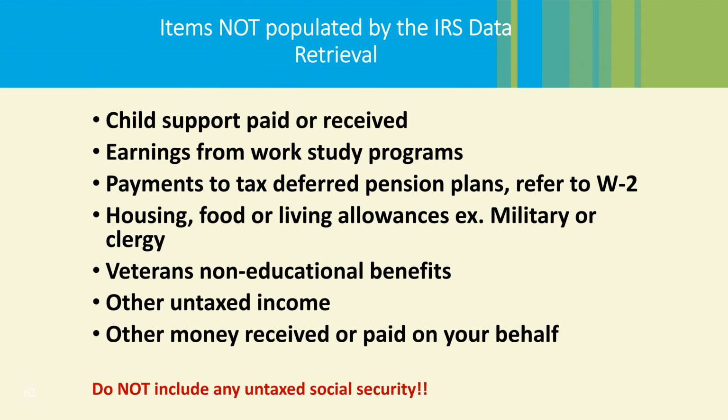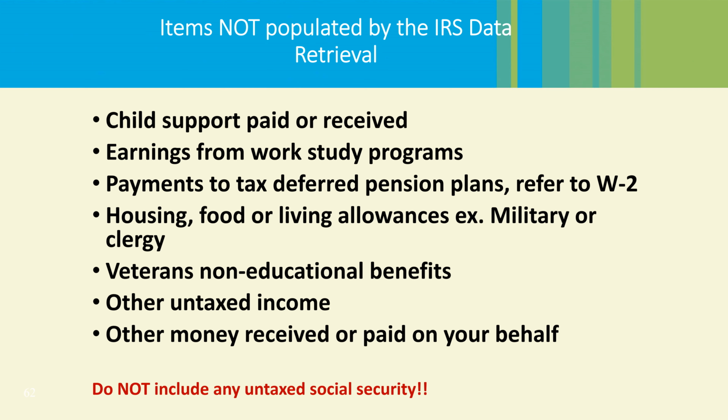Items that are not populated by this data retrieval tool, so this is information that you're going to need to supply as you complete the FAFSA. So if you have any of these items, you'll want to have them ready. Any child support you paid or received, any earnings from work study programs, payments to tax-deferred pension plans that you pull from your W-2, any housing, food, or living allowances, for example, those received by the military or clergy, any veterans non-educational benefits, any other untaxed income or other money received or paid on your behalf.